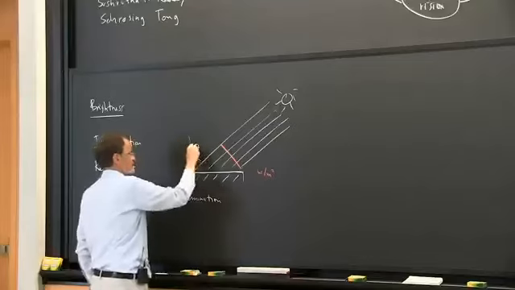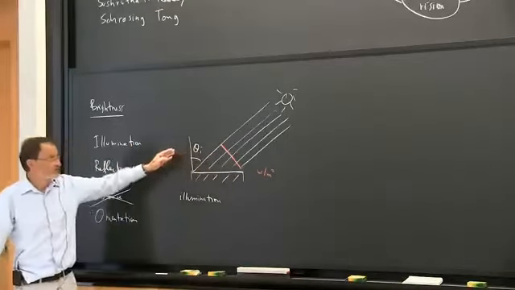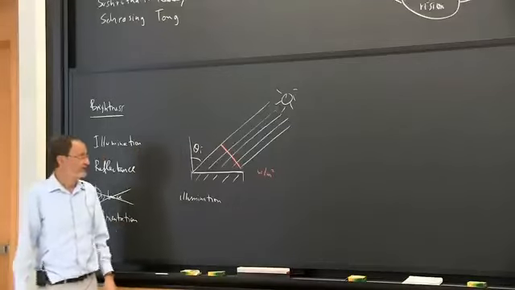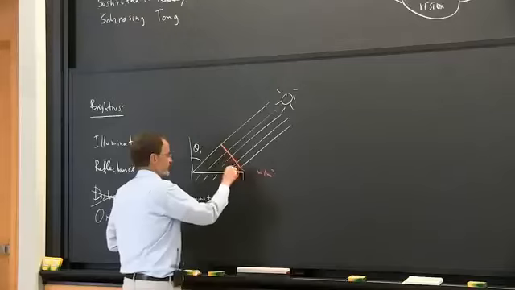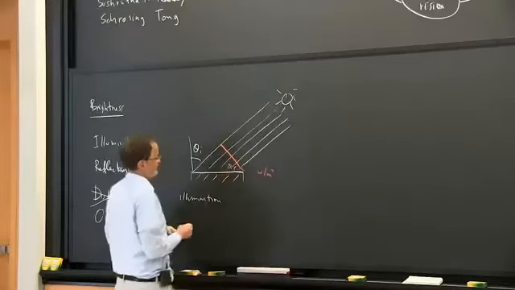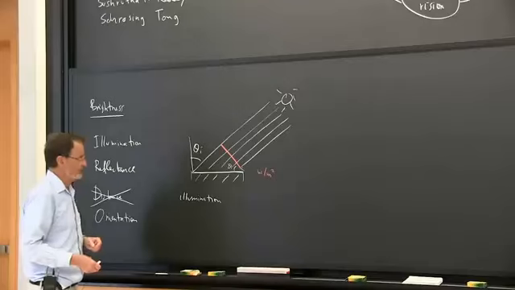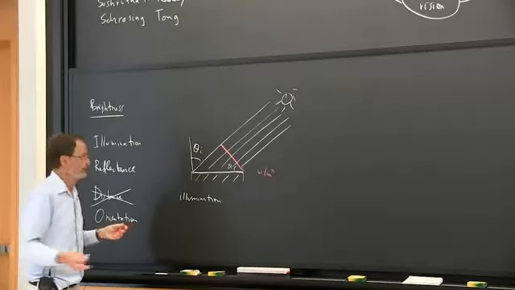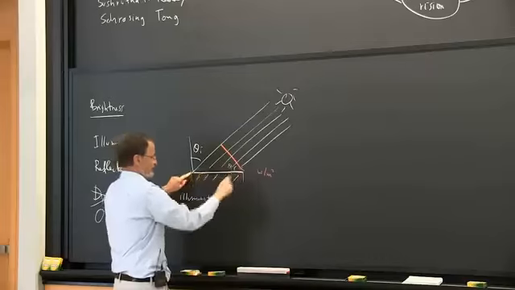And how much? Well, we can express it in terms of this angle, which is the incident angle, theta I. And that is the same angle as that angle, I think. There's a cosine relationship between this red length and this length.